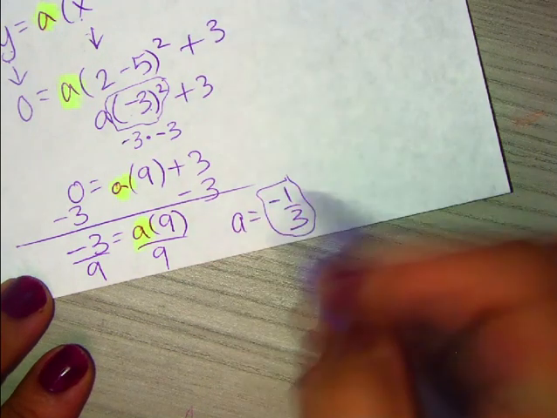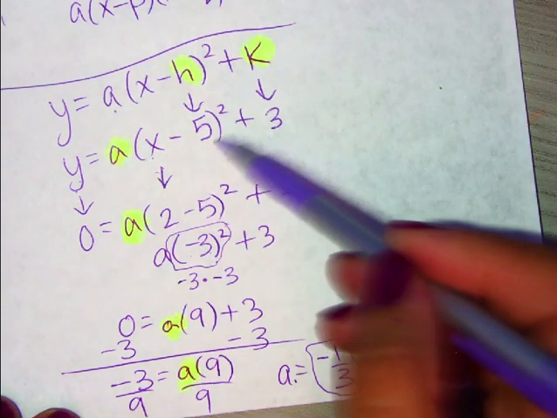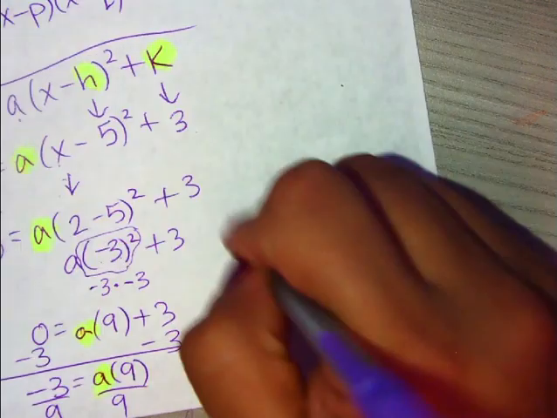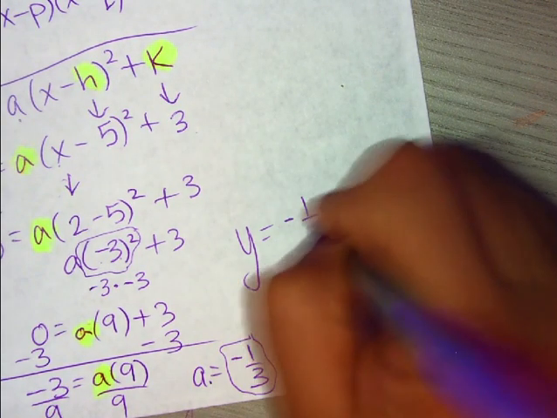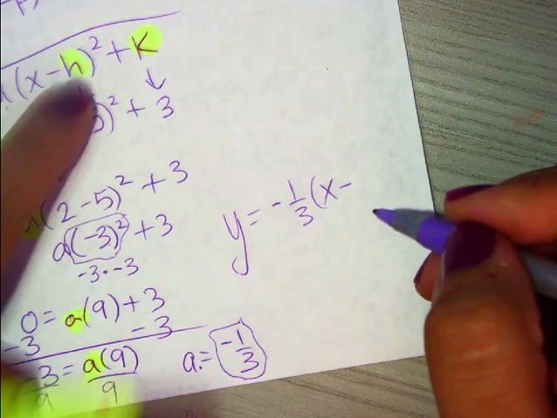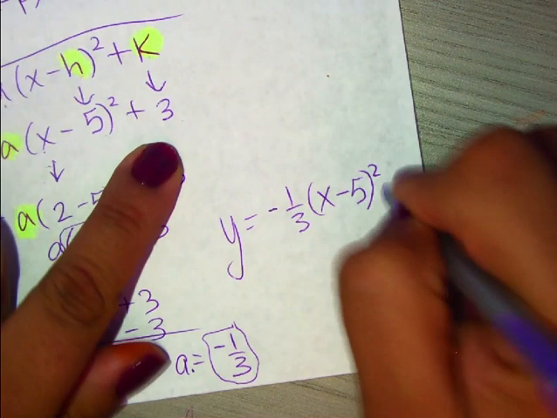So this is what's going to go for your a value right here. Your h and k are already replaced, so now we just finalize our answer. y equals negative 1/3 (x minus your h, which was 5) squared, and then plus k, which is plus 3.